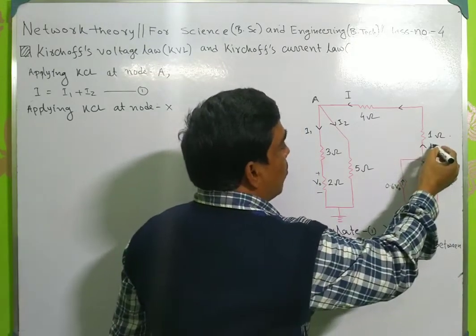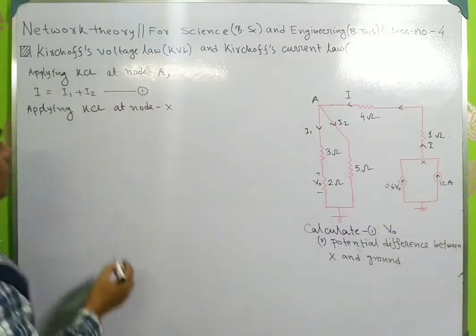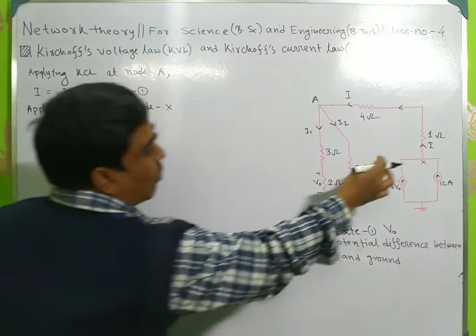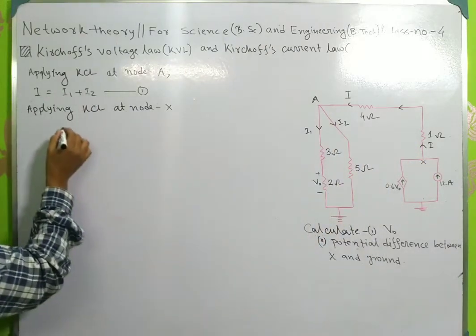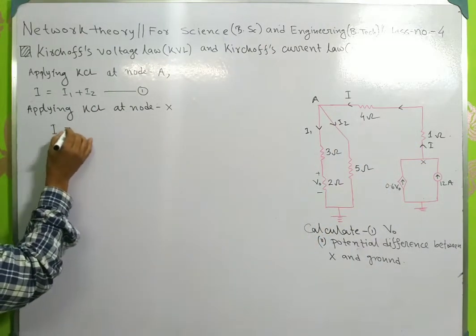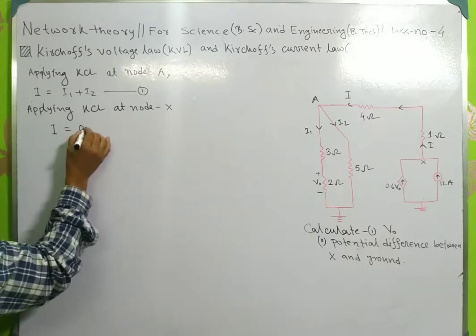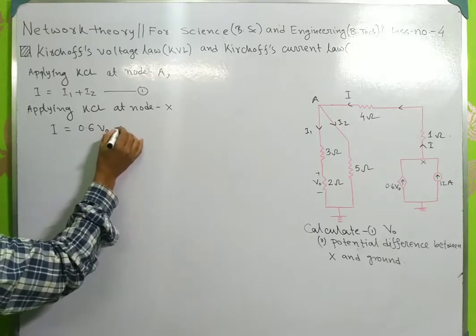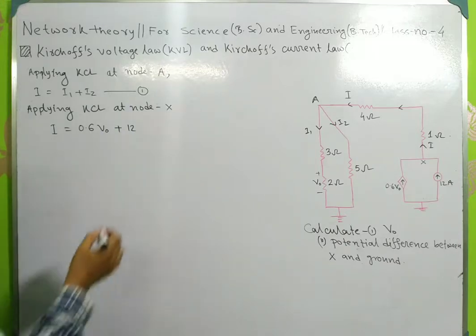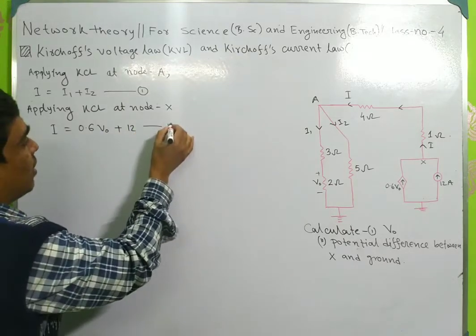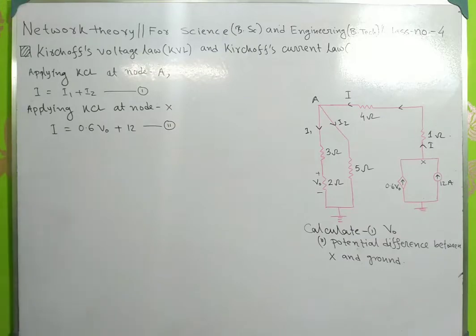This leaving current is also I. Okay, so applying KCL at node X, we can write that I equals 0.6 V0 plus 12 ampere. So this is equation number 2.